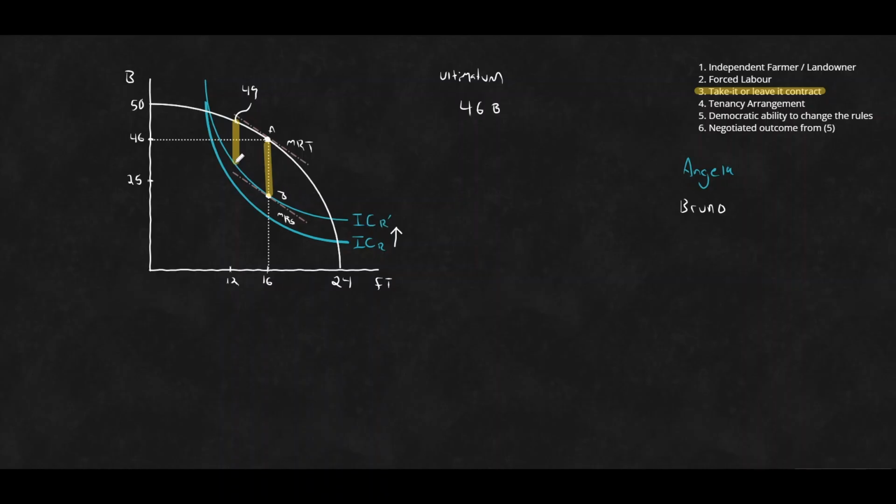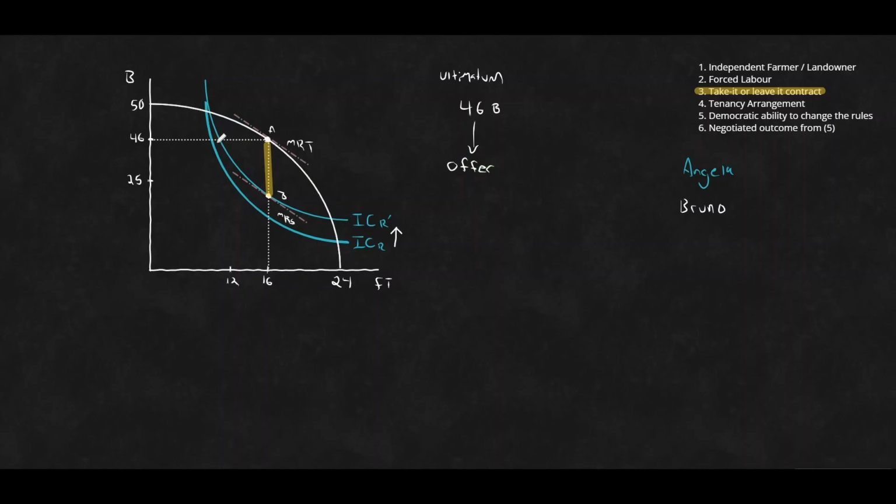Angela would demand more to actually accept the ultimatum. So the place where Bruno can get the largest return from the ultimatum is when we are at 16 hours of free time and 46 bushels. So based off of that, Bruno makes an offer.